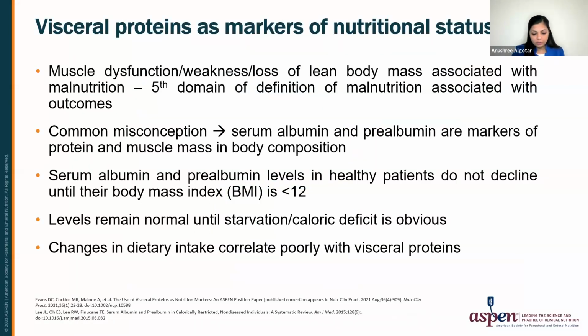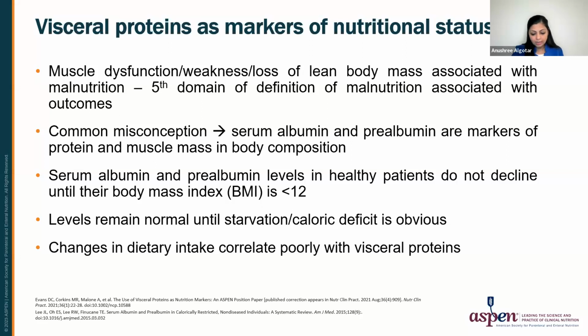What about non-illness-related malnutrition? Muscle dysfunction, weakness, or loss of lean body mass are associated with malnutrition. There is a common misconception that serum albumin and pre-albumin are markers of protein and muscle mass in the body. The evidence is weak for using serum albumin or pre-albumin as a marker of malnutrition in non-inflammatory states such as starvation.